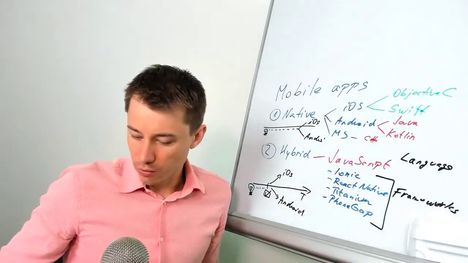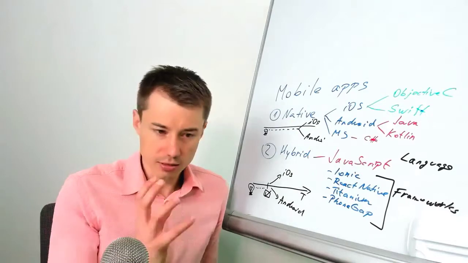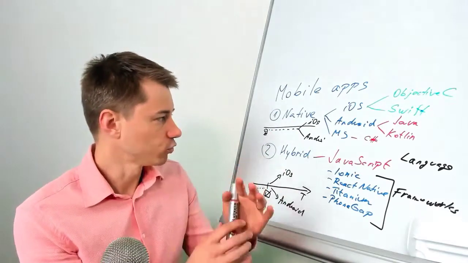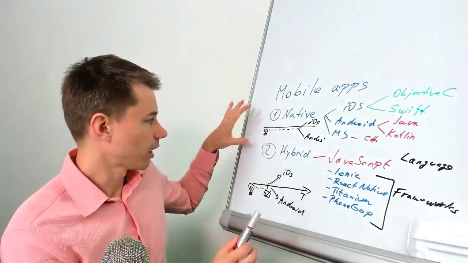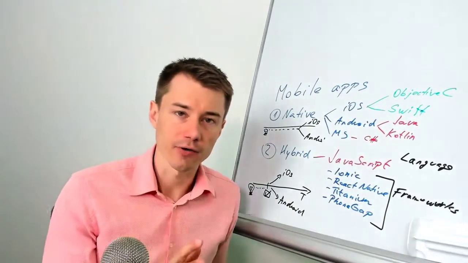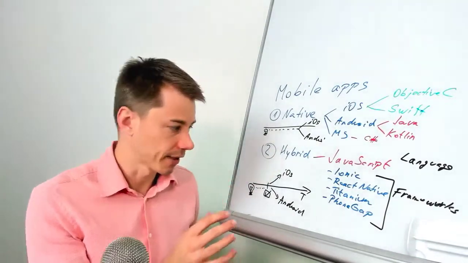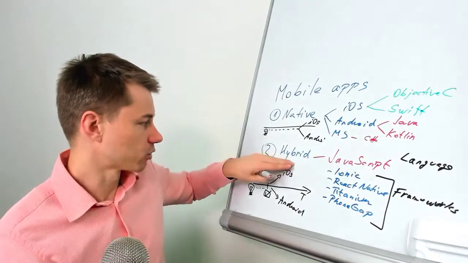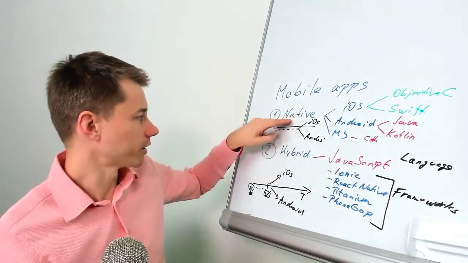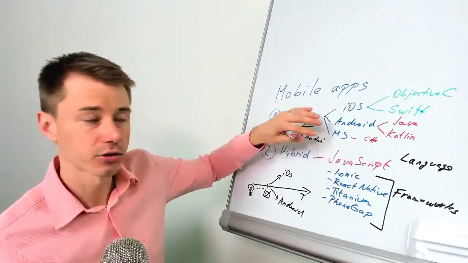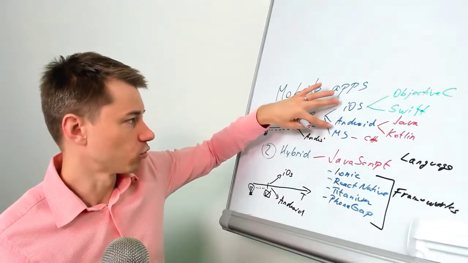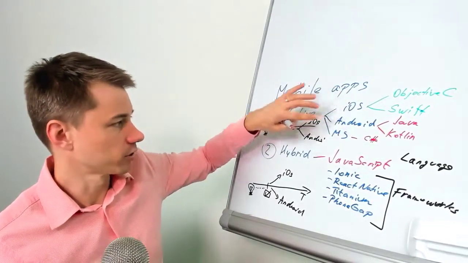All right, now, so this is the very high level background you guys need to understand, especially when you have a discussion with a hiring manager, because then it needs to be clear, hey, are we looking for a developer to build a hybrid application or a native application? If native application, then are you looking for someone who builds only iOS or only Android applications?